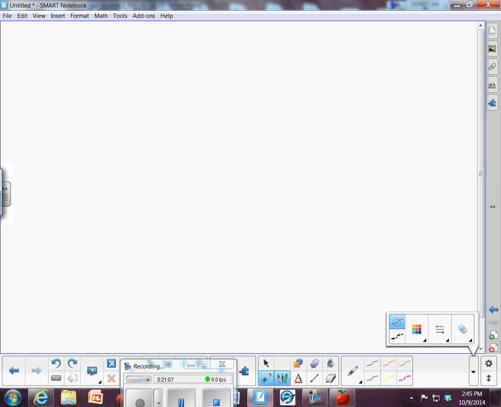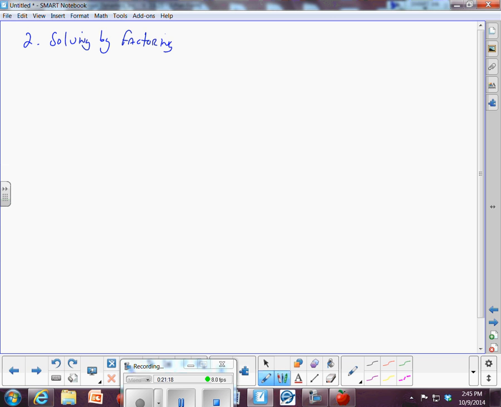So number 2. What does it mean to solve by factoring? Number 2, solving by factoring. Step number 1, set the equation equal to 0. If it doesn't already equal 0, move things around to make it equal 0.